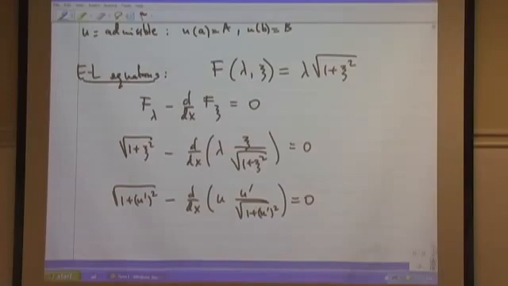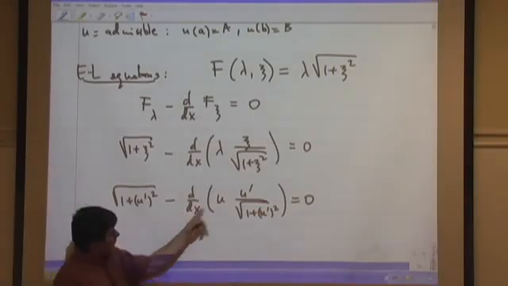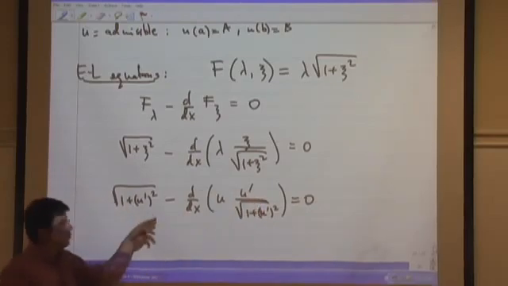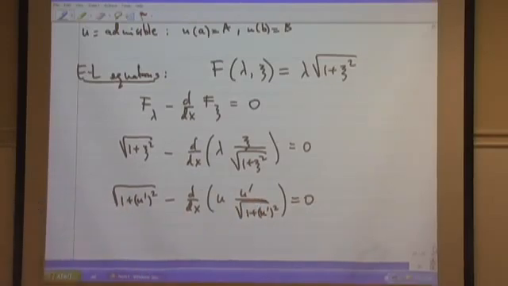Now the problem is how can you write a differential equation for u? If you take this derivative inside, you're going to get u double prime, right? Which is nowhere else. And that's sometimes okay. I mean, there's nothing else to do.